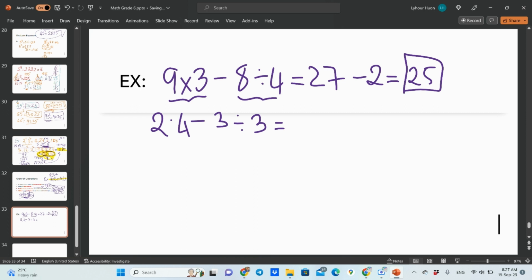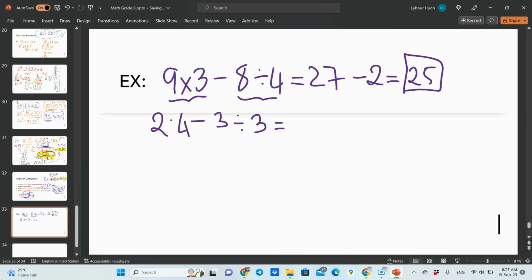Let's see. 2 divided by 4 equals... and then 3 divided by 3 is 1.